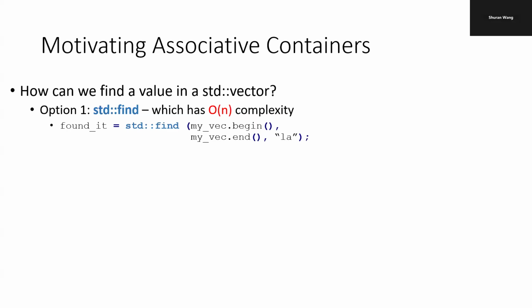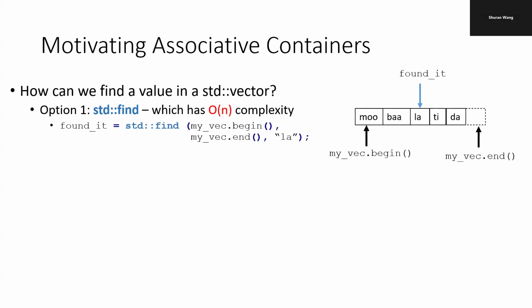It does a linear search and it stops whenever it finds the value that we're looking for. This is O(n) complexity. It's just a simple linear search. And if you are working with something like vector, there's nothing better than this.